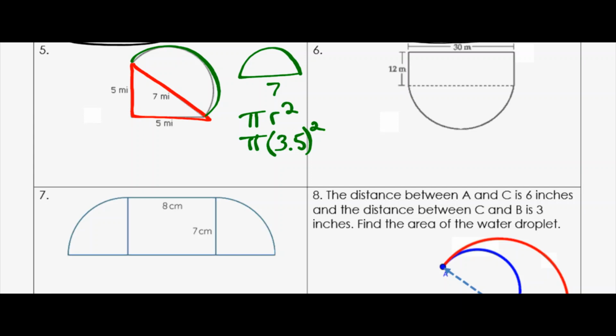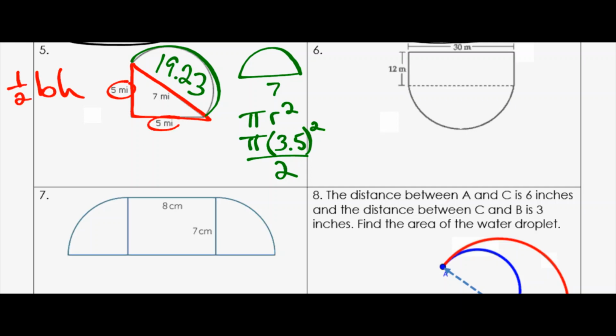Then I'm going to take that and divide it by 2. So after I do that, I only have a half of the circle. So whatever I get from this, I'm going to take that number and divide it by 2. So that ends up giving me 19.23. Then I'm going to find the area of that red triangle using 1/2 base times height.